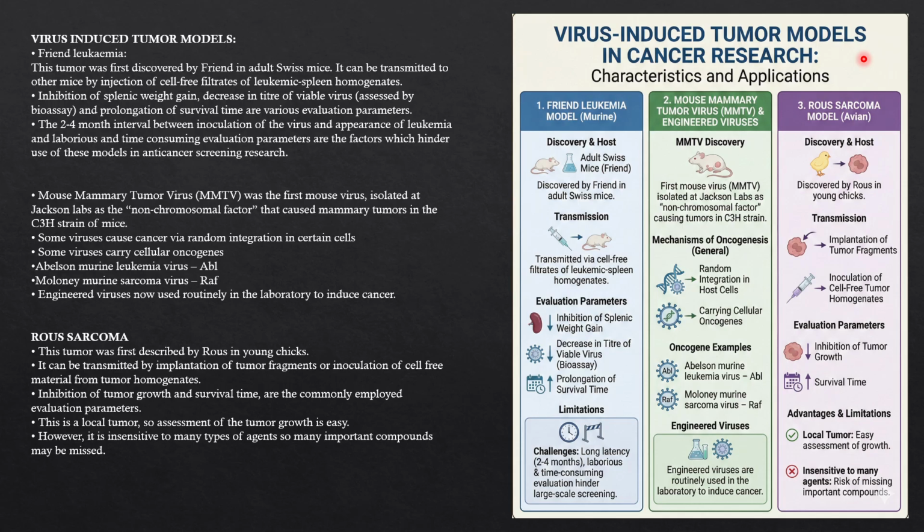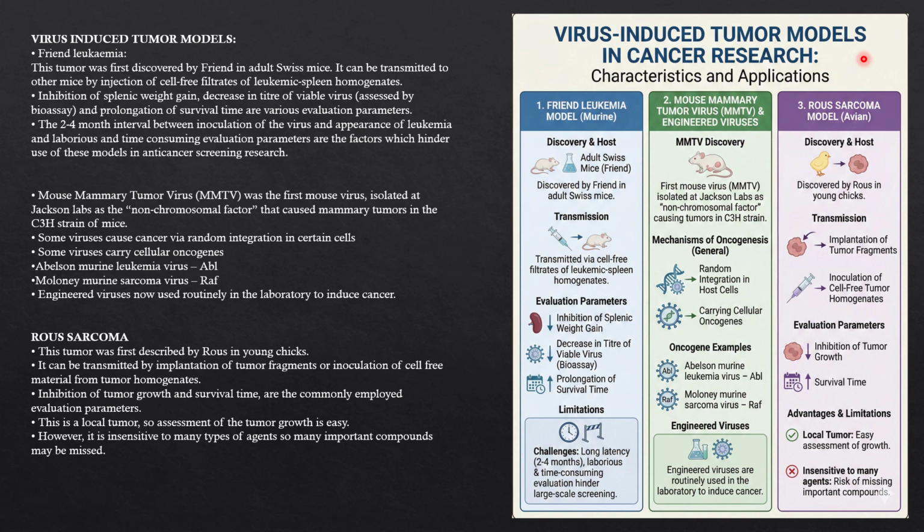There are certain virus-induced tumor models which are used in cancer research. This slide explains the tumor models generated using oncogenic viruses such as the Friend leukemia virus, the mouse mammary tumor virus, and the Rous sarcoma virus.